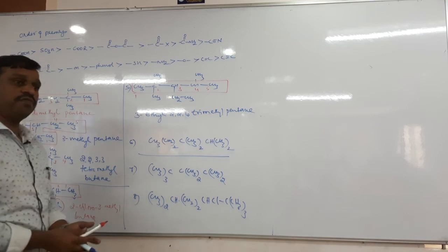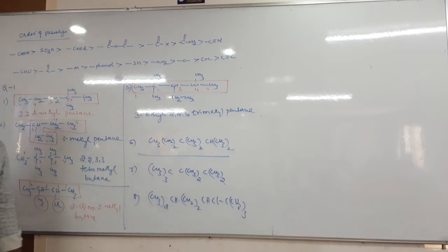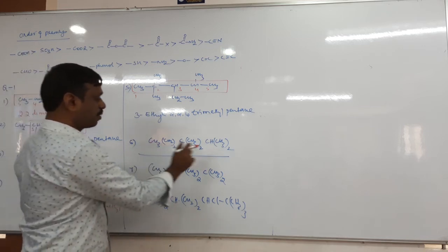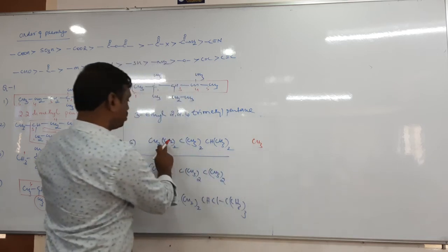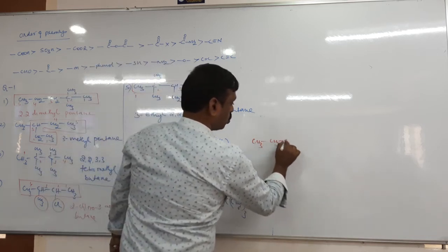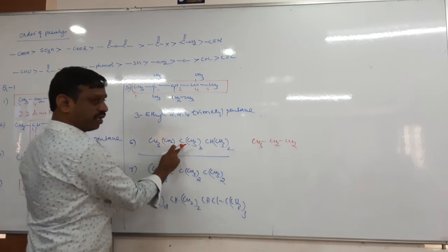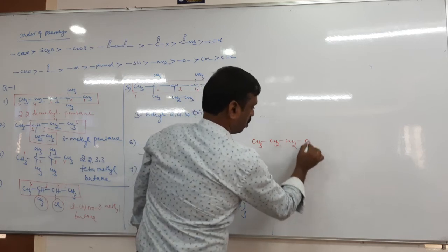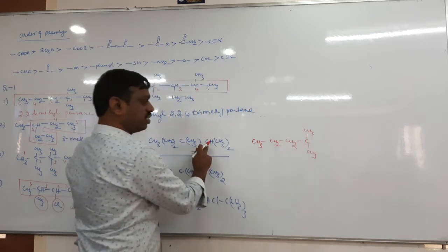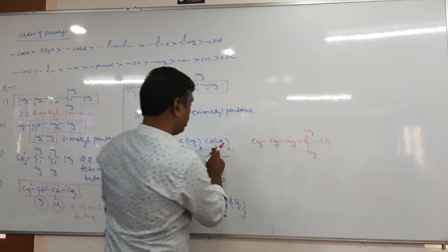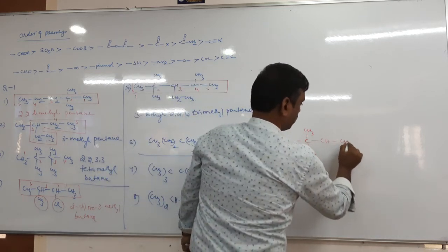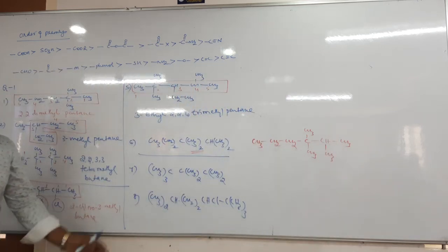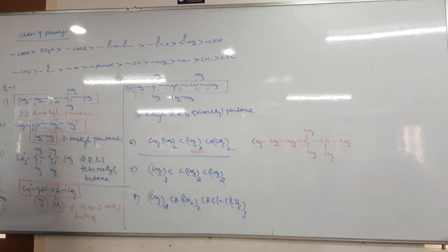To write the IUPAC name, first of all we need to write the expanded structure, right? All three are given as condensed structural formulas. So write expanded: CH3, and CH2 twice, it means there are 2 CH2. Next C, there is a carbon. On the carbon there are 2 methyl groups, and CH, and on CH there are 2 methyl.